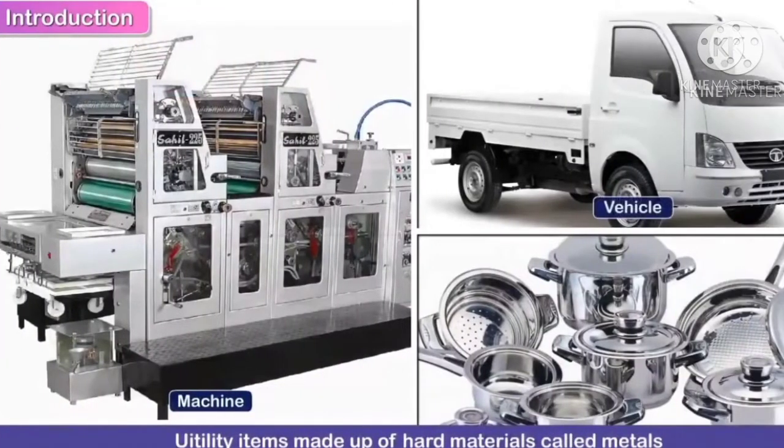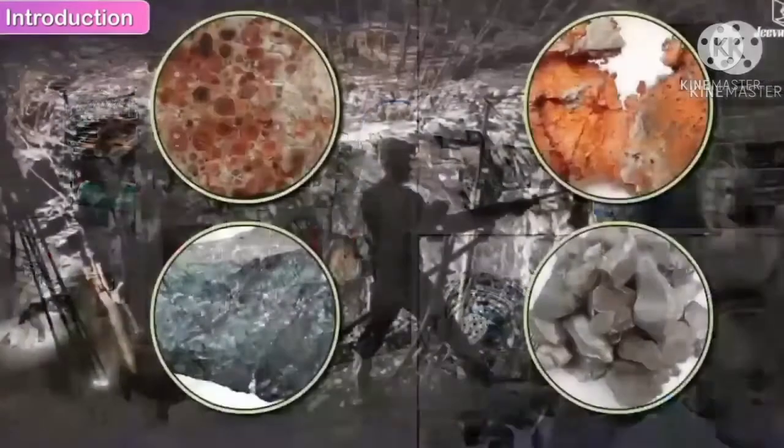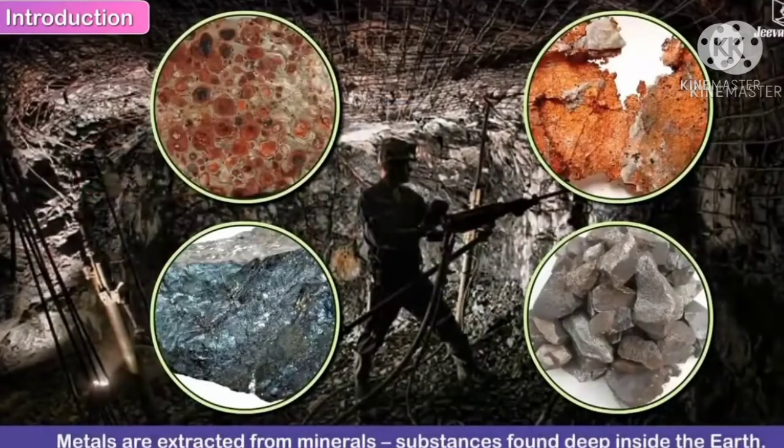Machines, vehicles, kitchen utensils, other utility items that are useful to us are made up of hard materials called metals. So in today's lesson, we're going to study these minerals as an important natural resource.